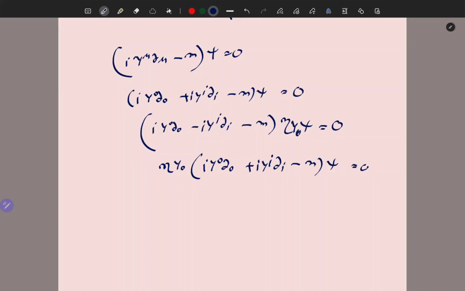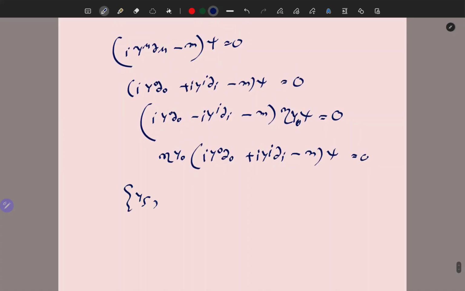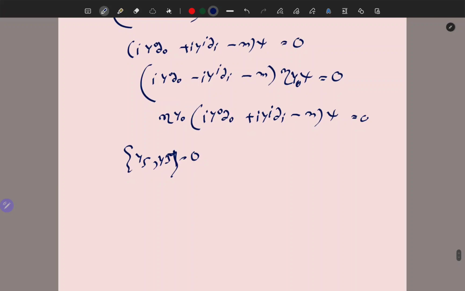Consider the Dirac equation, left multiplying by γ^5 and using the relation that γ^5 and γ^μ anticommute. Then we find the equation (i γ^μ ∂_μ + m) γ^5 ψ = 0.